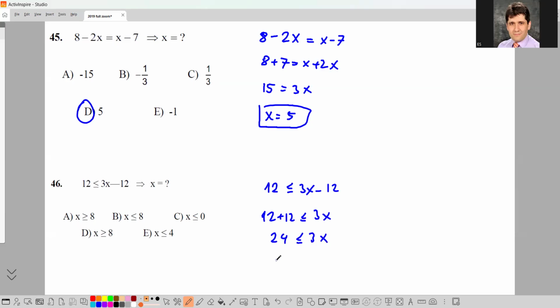Divide by 3, you get 8 is less than or equal to x. Or maybe you can write x is greater or equal to 8. Clearly, we have two right answers. If something like this happens on exam, you just pick one of those and it's fine.